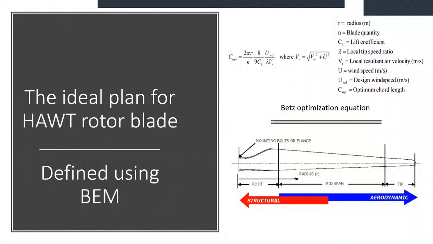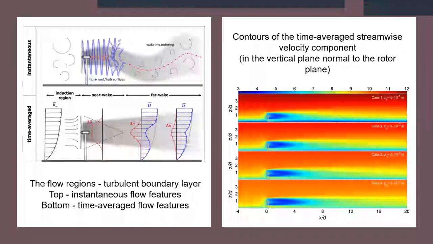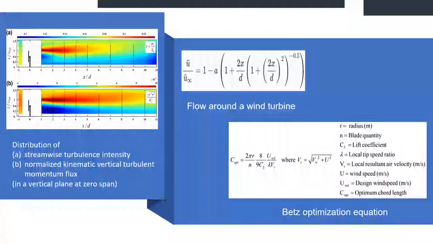But to use it, we need to first know about the flow around the blades, and this slide shows the flow region of turbulent boundary layer and the contour of the time averaged streamwise velocity component. And then we can see on the left that it is showing the streamwise turbulence intensity and normalized kinematic vertical turbulent momentum flux, and we can use all this in the flow around wind turbines equation. Then we can use that in the Betz optimization equation and design the blade.